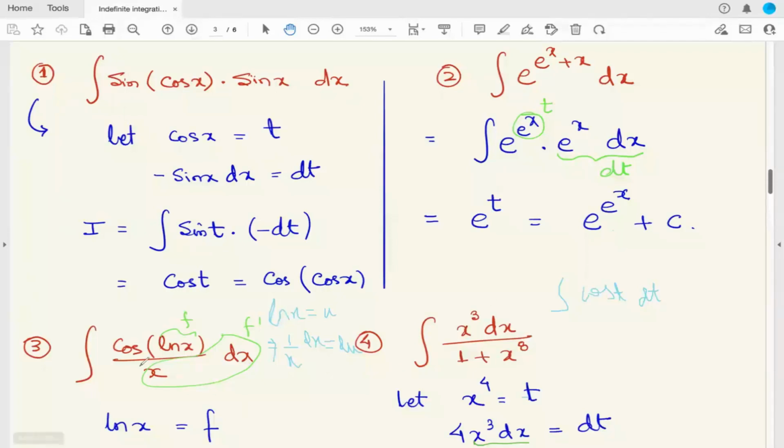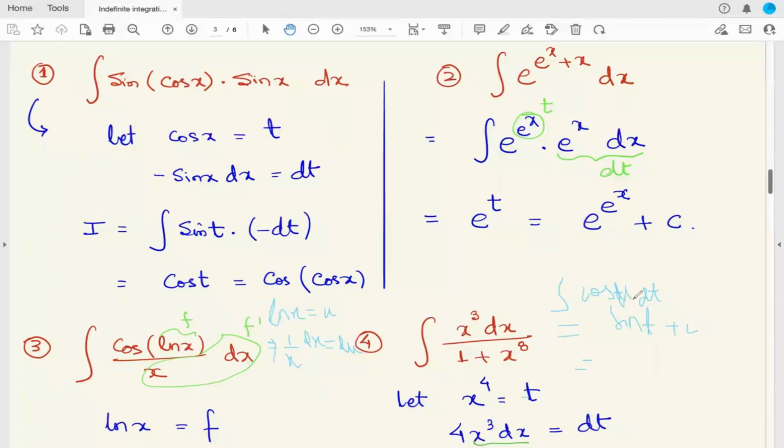So what we do, cos t dt, it is a simple integration, and its integration is sin t plus c. The integration of cos t is sin t. So sin t plus c. And what we substitute here, the value of, oh, sorry, a blunder.